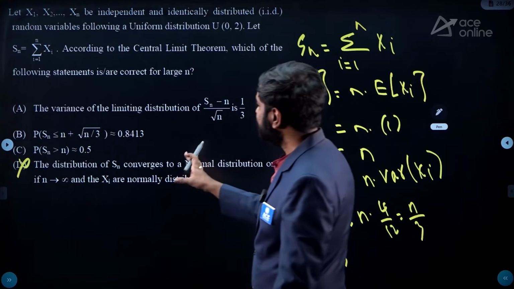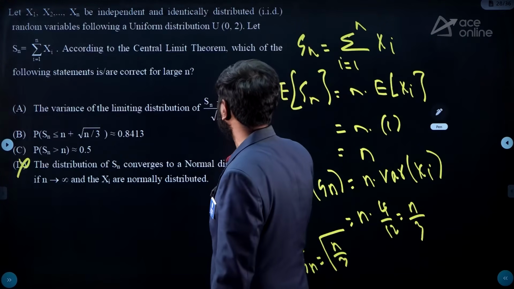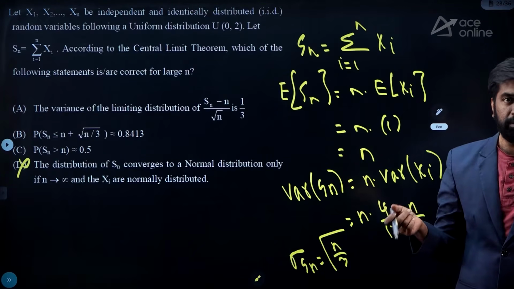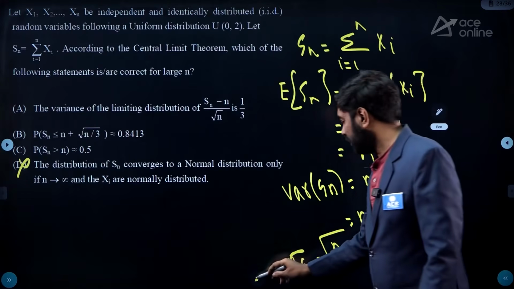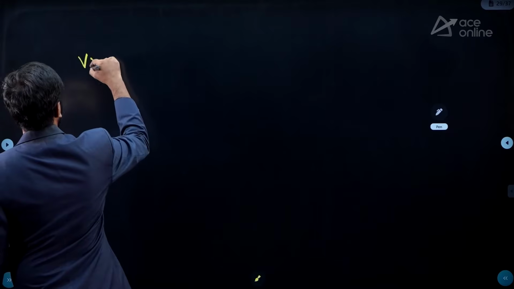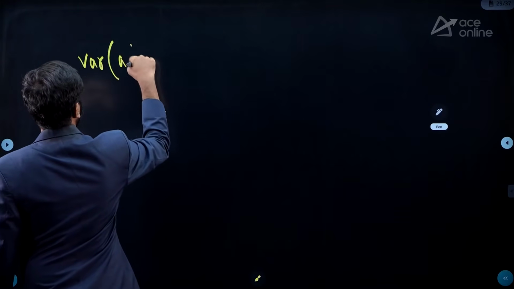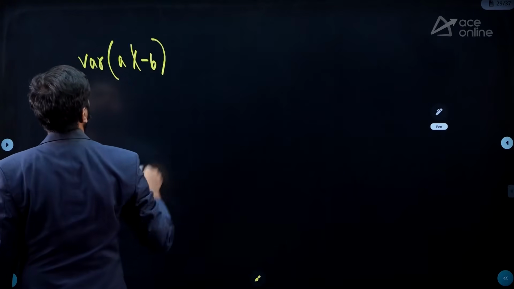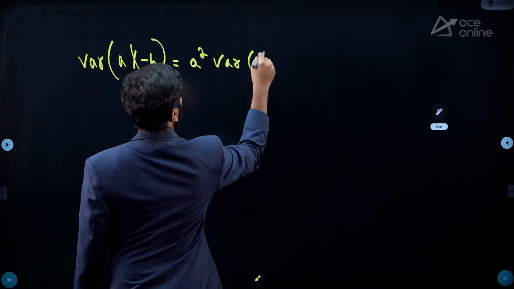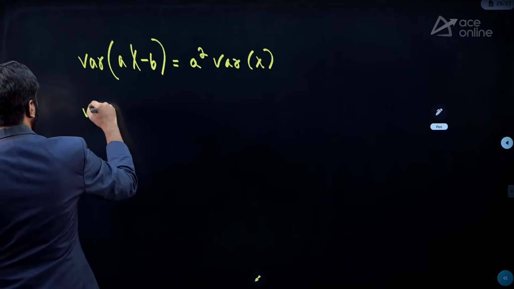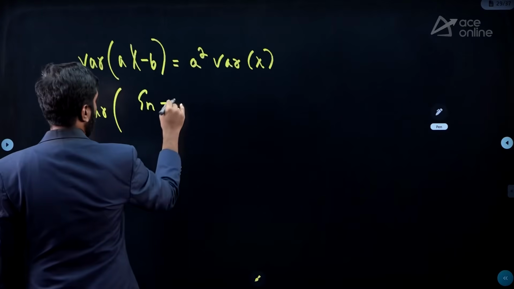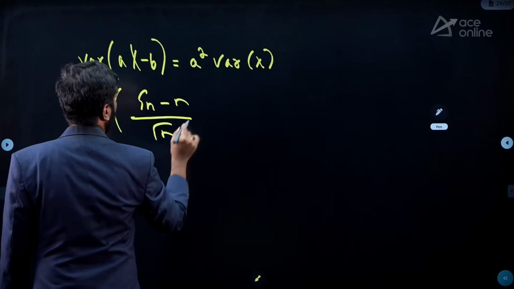So they're asking the variance of a new quantity. It is not the variance of Sn. They are asking you the variance of (Sn minus n) by root n. Okay, let's go to the next page. So try to recollect what is the variance of ax minus b. It is a square into variance of x. Now what they asked is the variance of (Sn minus n) by root n.